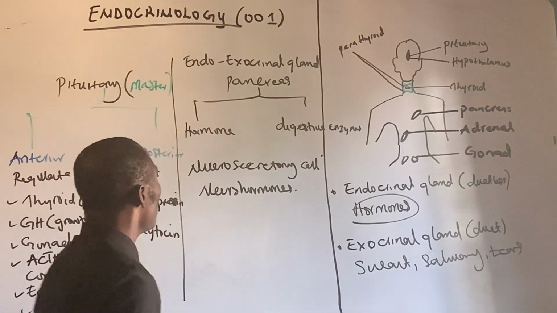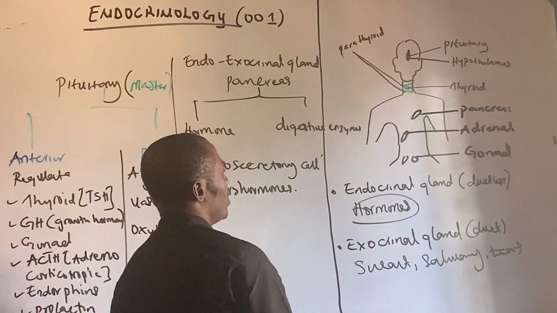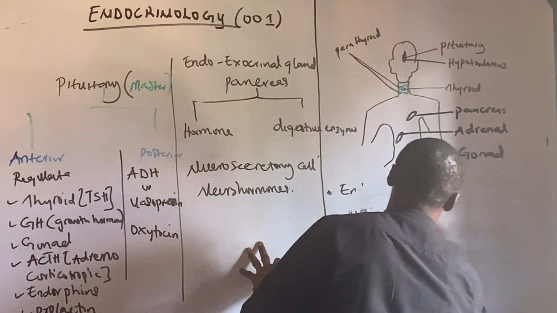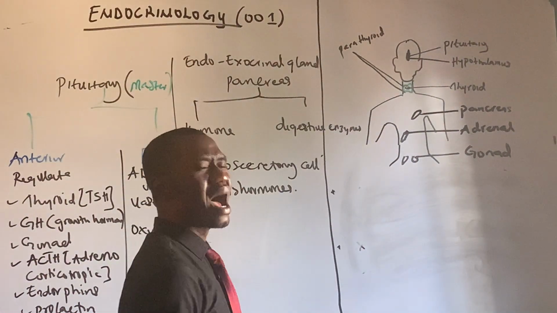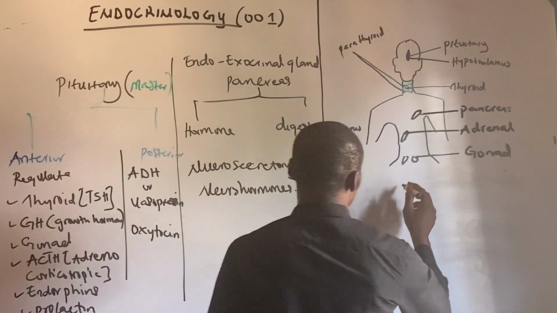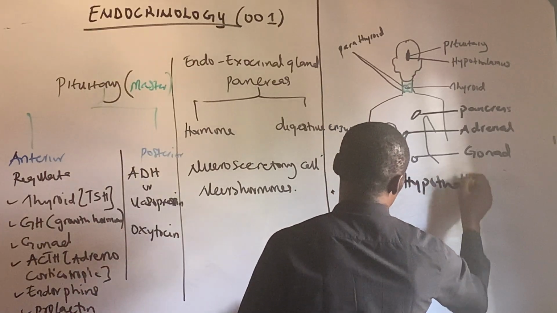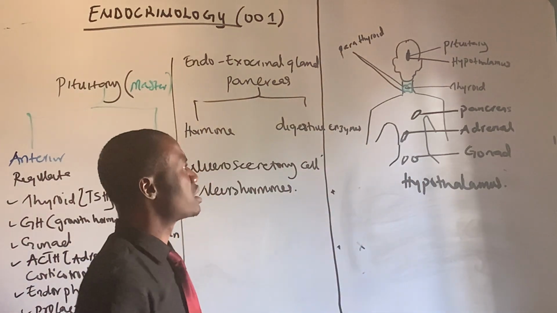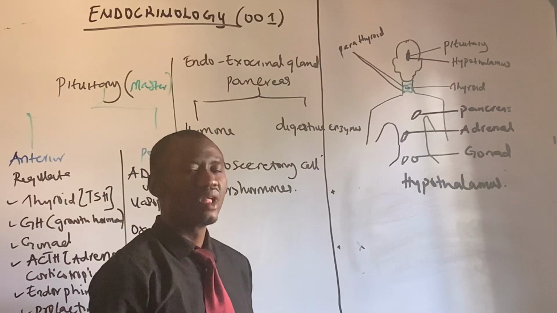All right, now we go to the thyroid gland. So let's pick up our duster and let's deal with the thyroid gland. Now, the hypothalamus before the thyroid. So we have the next thing there. The hypothalamus is below the thalamus and above the pituitary gland.